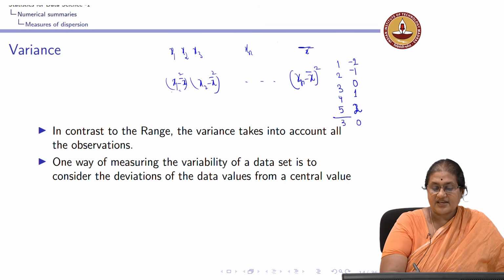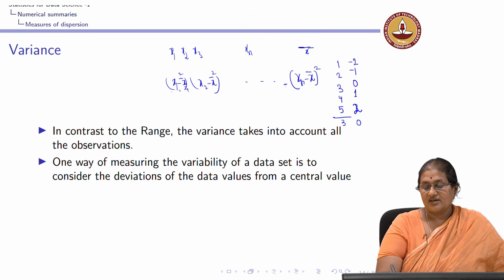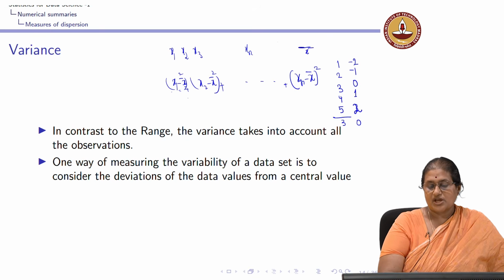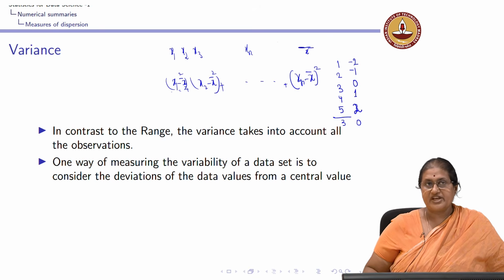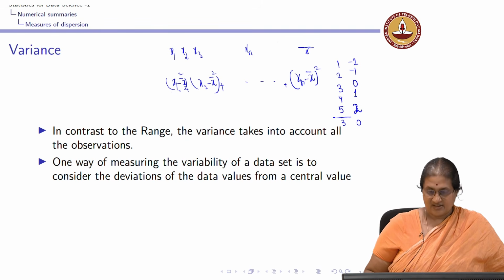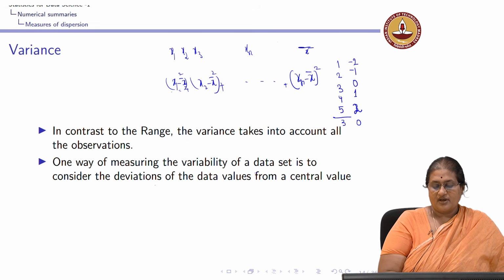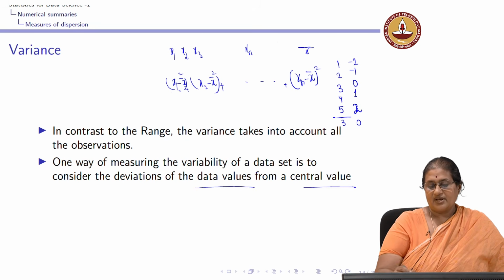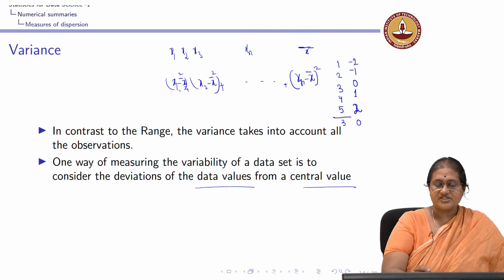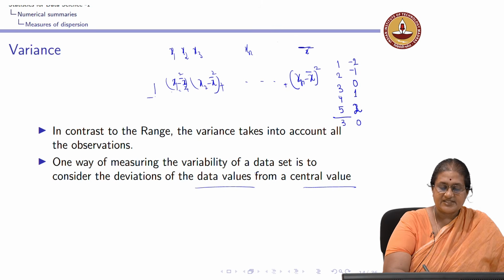It adds the squares of the deviations, so the sum of squared deviations from the central value, and it averages it. Again I repeat, it takes the deviation of every data point from its central value, squares the deviation, adds them all up and divides by a number.